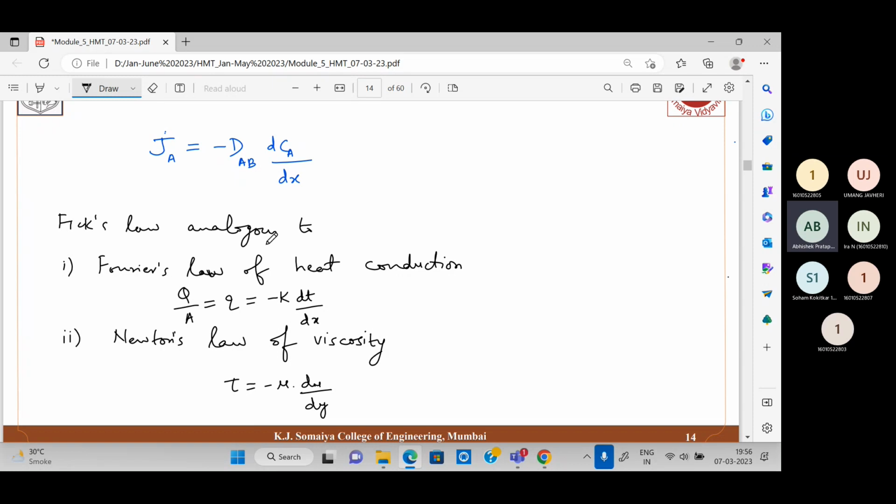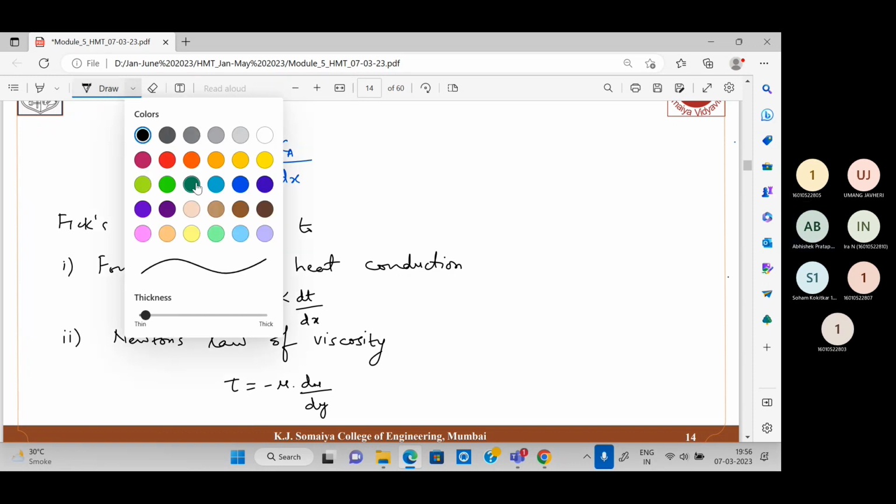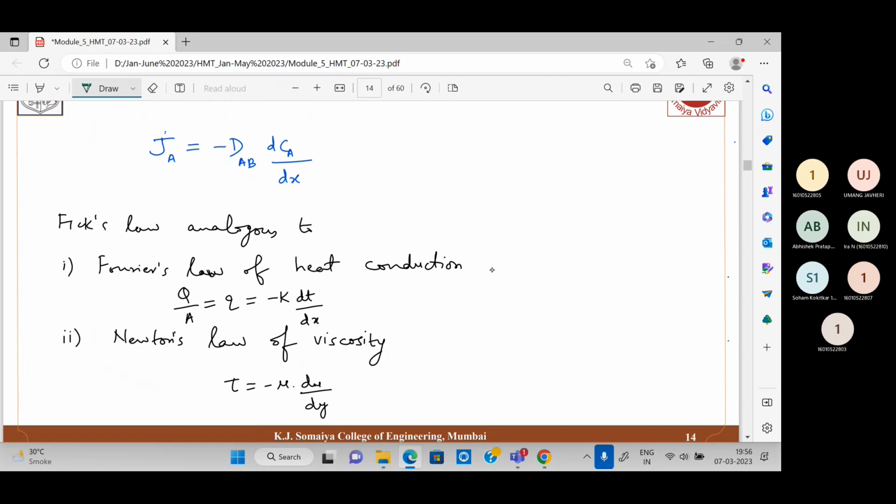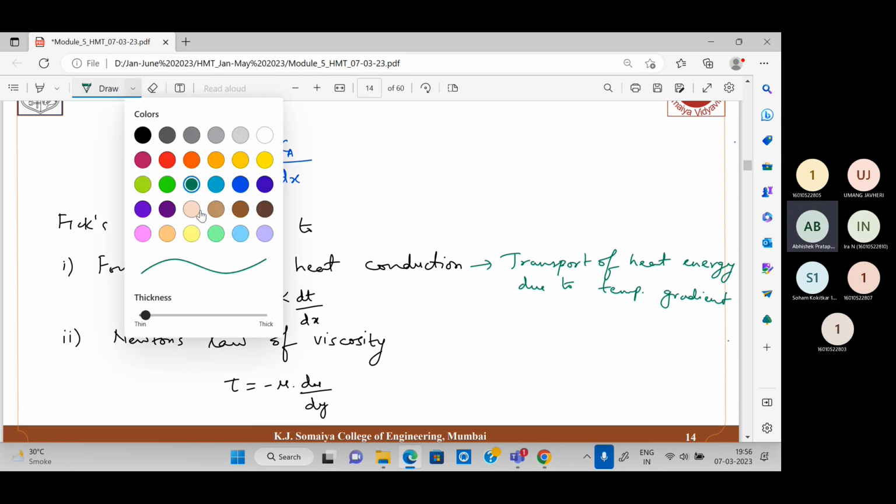So Fourier's law of heat conduction describes the transport of heat energy due to temperature gradient. Write this: transport of heat energy due to temperature gradient. Now what does Newton's law of viscosity indicate?